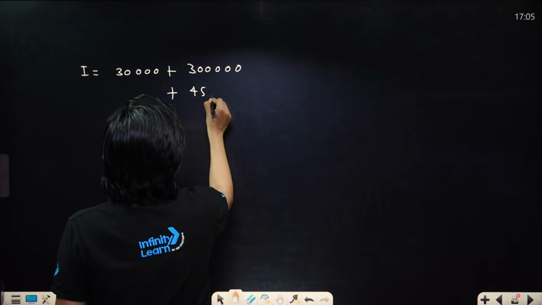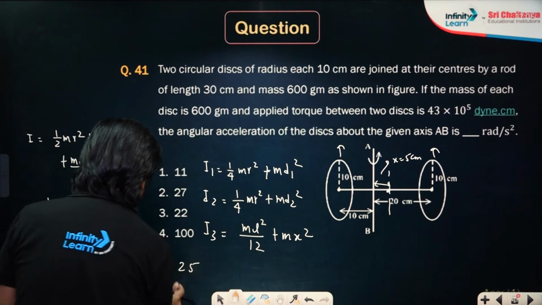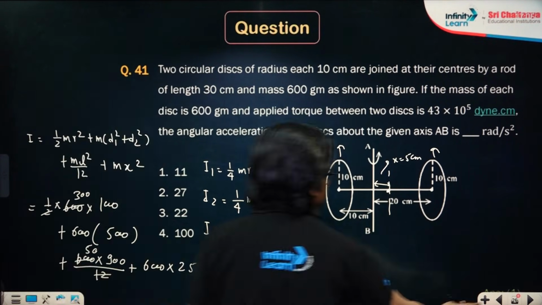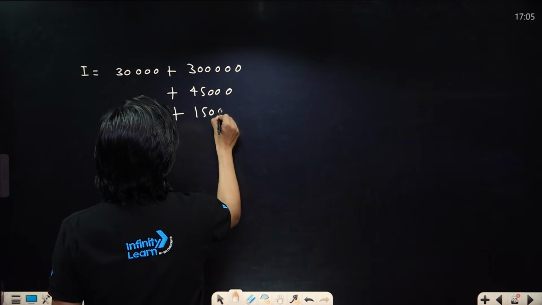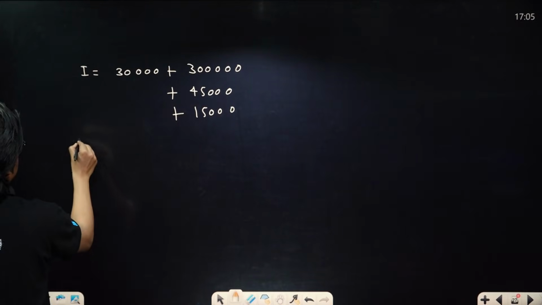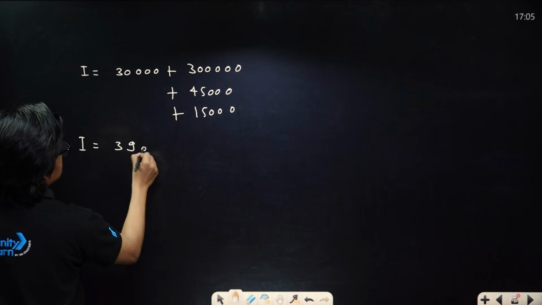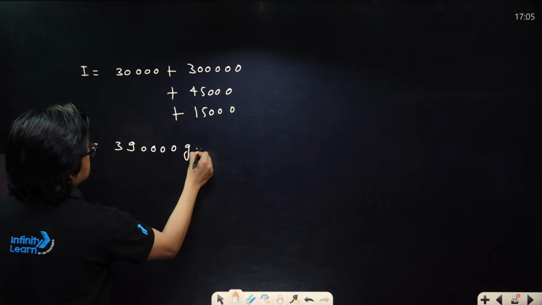And this last term is going to give us 15,000. This is 60, this is 30, 90, so the total moment of inertia is 3900, 00 gram centimeter square.